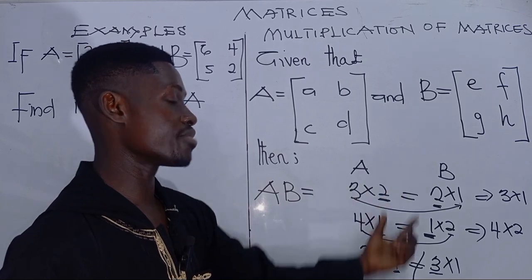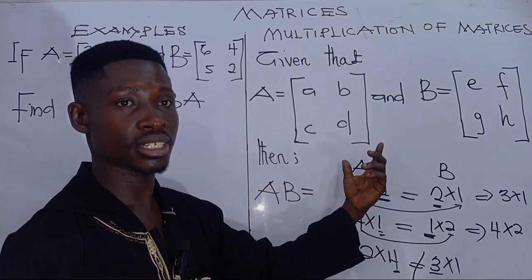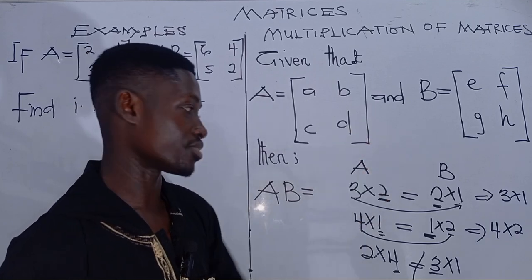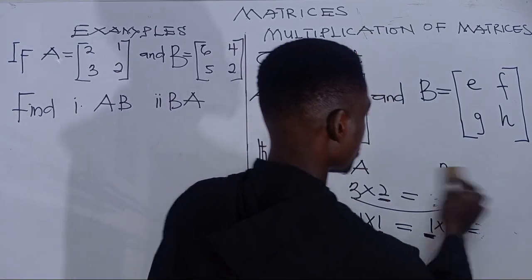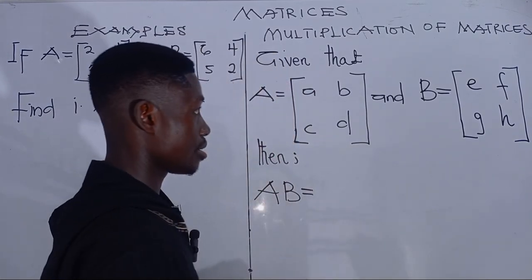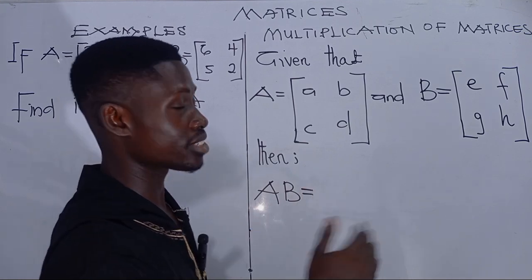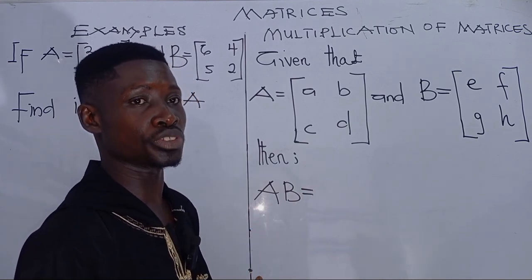Now that we know these few important things, let's see how we can multiply a matrix by another matrix. In multiplying a matrix by another matrix, this is what we are going to do.